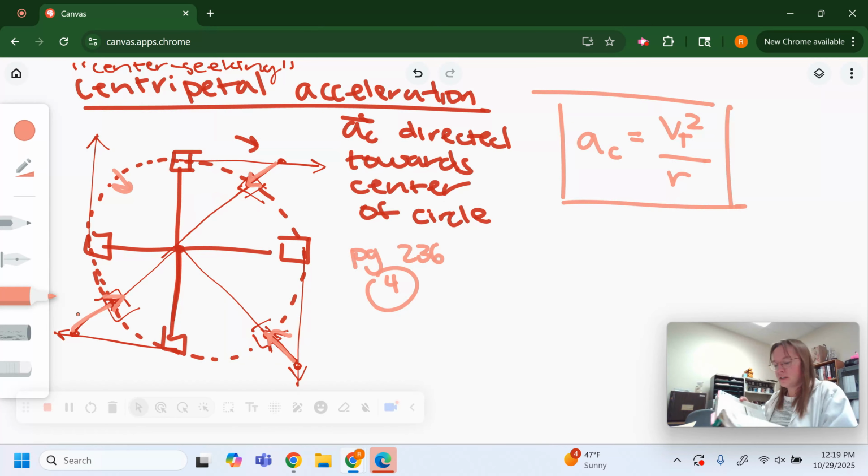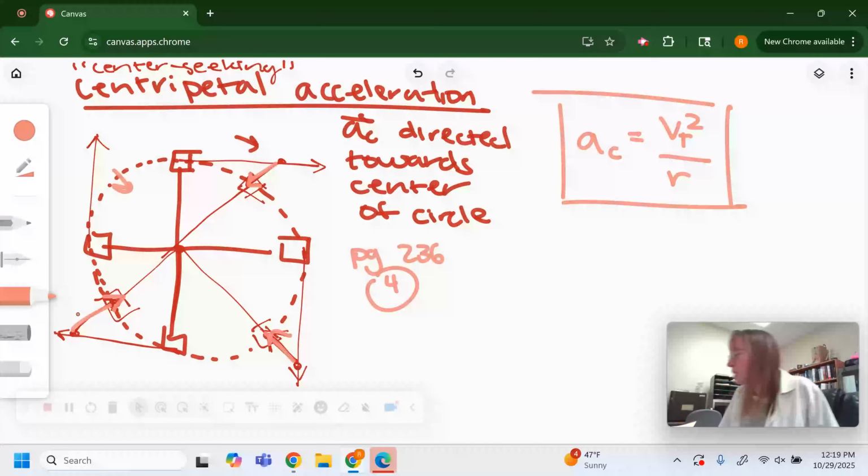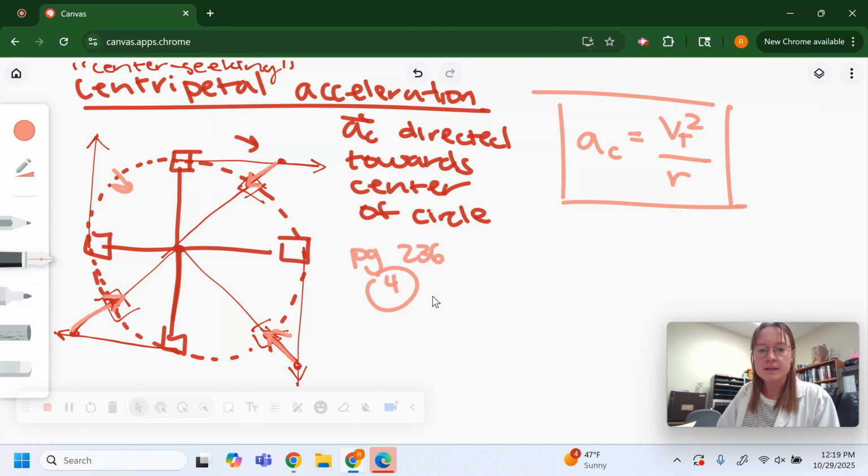Page 236, question number 4. Here's what it says: a race car moving along a circular track has a centripetal acceleration of 15.4 meters per second squared. If the car has a tangential speed of 30.0 meters per second, what is the distance between the car and the center of the track? Let's go ahead and start by writing down our knowns and unknowns. We know that this car has a centripetal acceleration of size 15.4 meters per second squared.